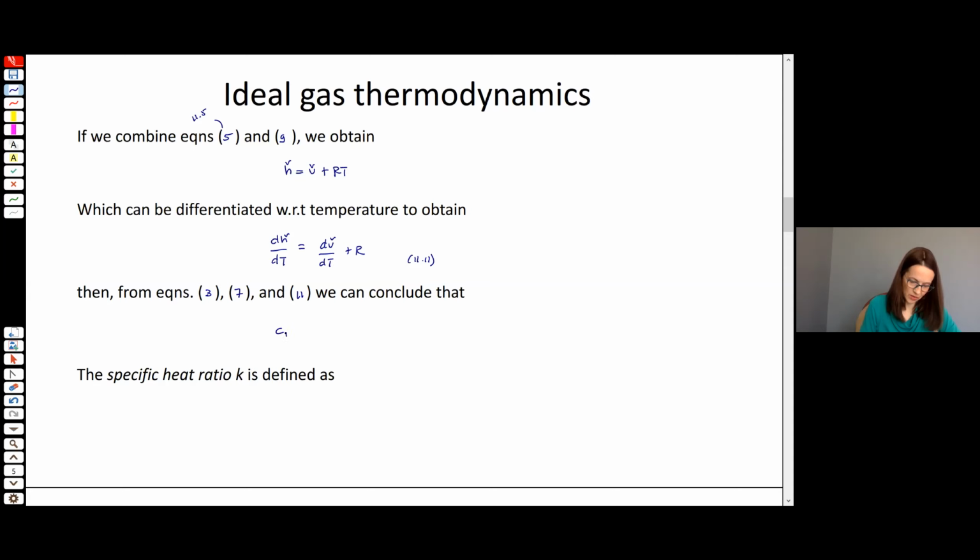We can conclude the following, that for every gas, the difference of the specific heats is a constant. So we know that R is a constant for a given gas, and now we've concluded that the difference in the specific heats, Cp, specific heat with constant pressure process, and Cv, specific heat with constant volume process, is a constant, and it is in fact R.